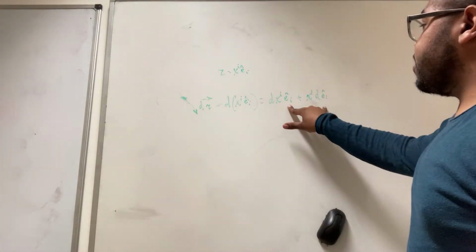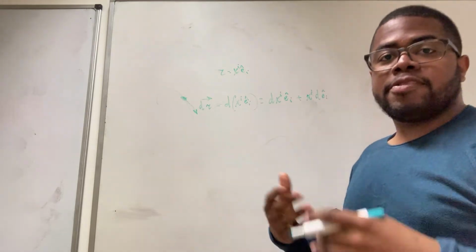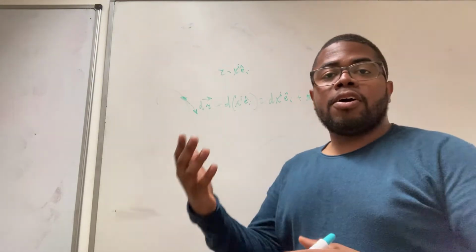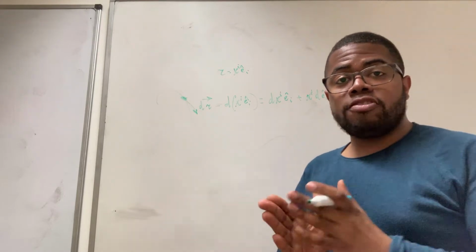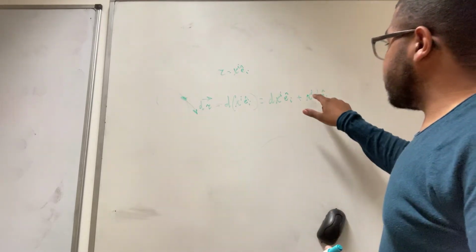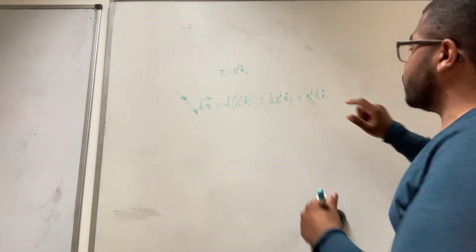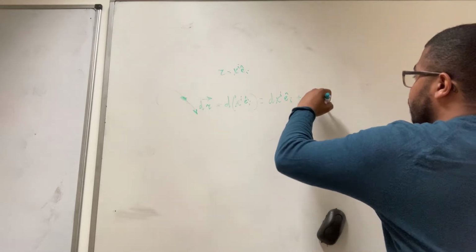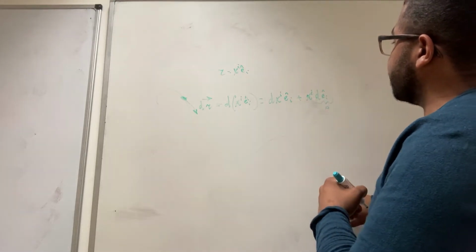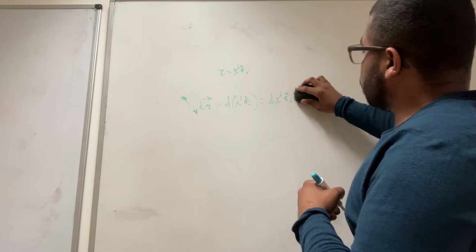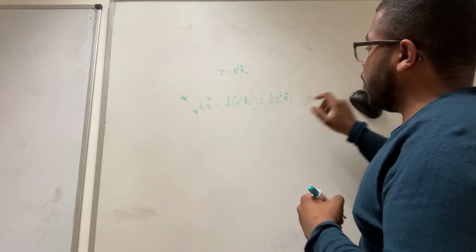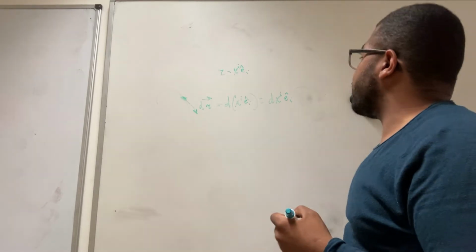But because we said that in Cartesian coordinate systems, these basis vectors are constant, they don't change, they're not parameterized, we can in essence notice that the derivative of a constant is 0. So this whole term right here falls out, leaving us with this value for our displacement vector.